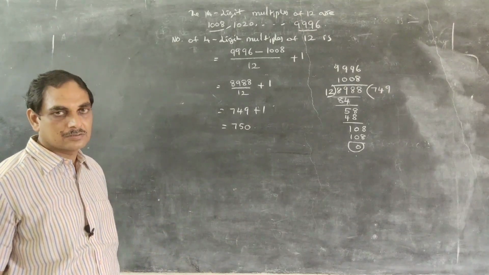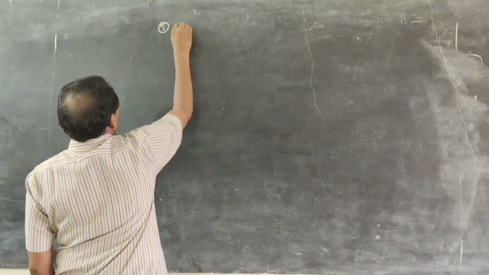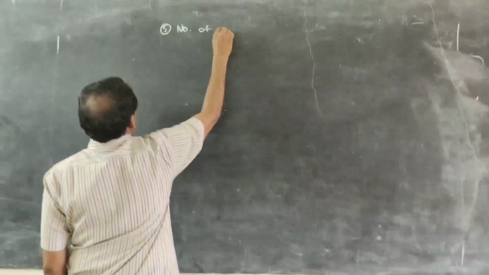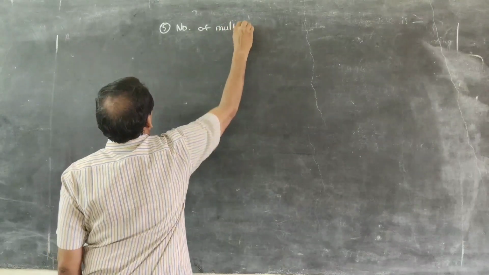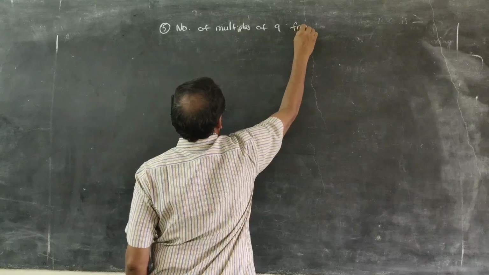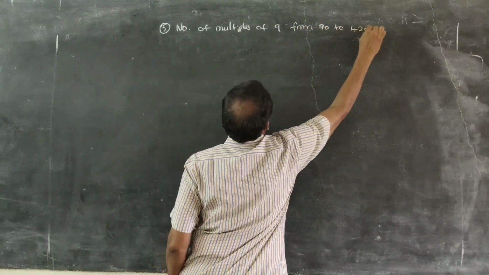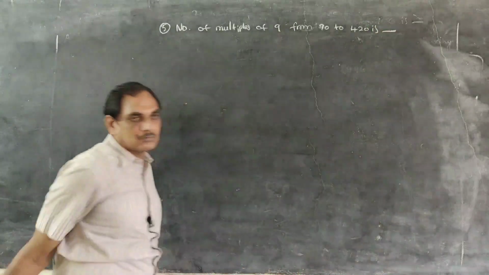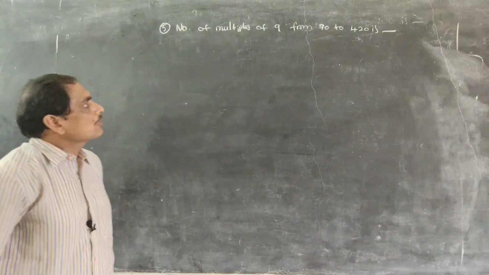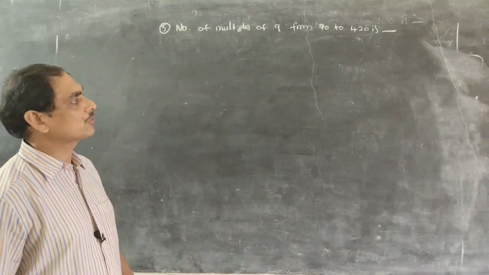Next, fifth: the number of multiples of 9 from 70 to 420 is dash. So here we have to find the number of multiples of 9 from 70 to 420.